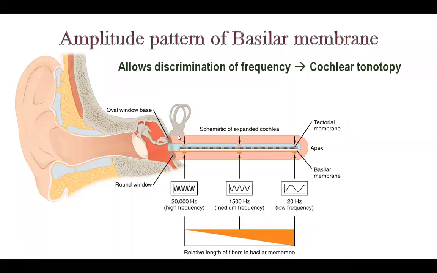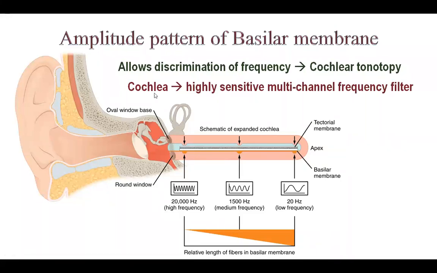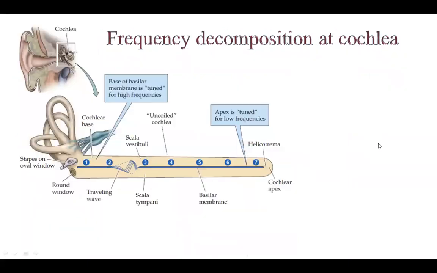So this pattern of differentiation allows the cochlea to discriminate different frequencies. This ability is known as cochlear tonotopy, meaning each section of the basilar membrane will respond to a specific frequency. Thus, the cochlea becomes a highly sensitive multi-channel frequency filter.